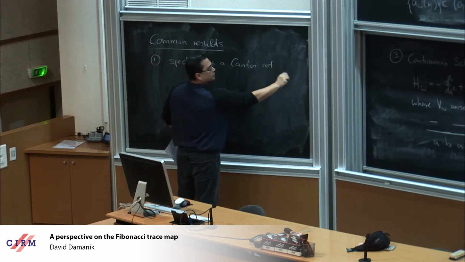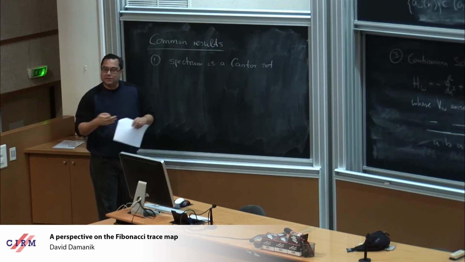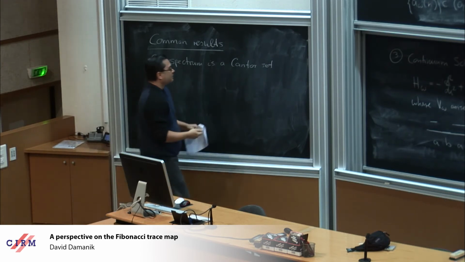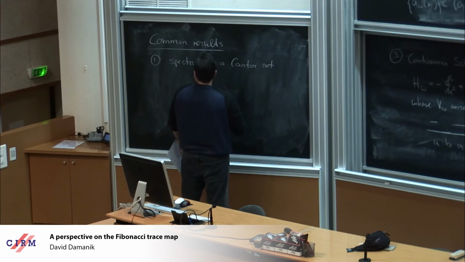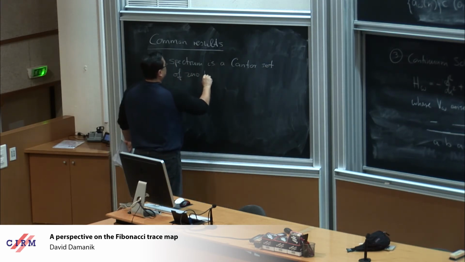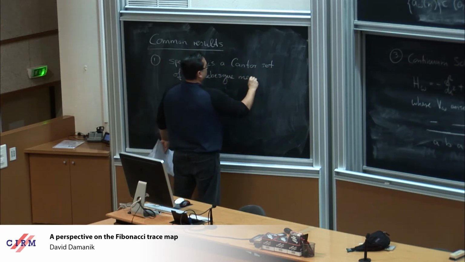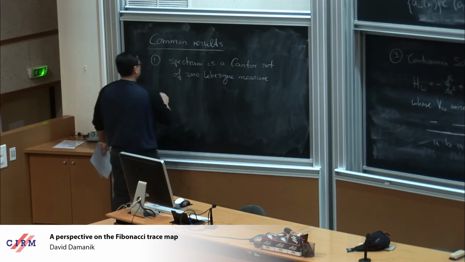Of course, for continuum Schrödinger operators, the spectrum is unbounded, so in that sense it's a generalized, unbounded Cantor set. It's a Cantor set of zero Lebesgue measure. So that's one thing you can prove.